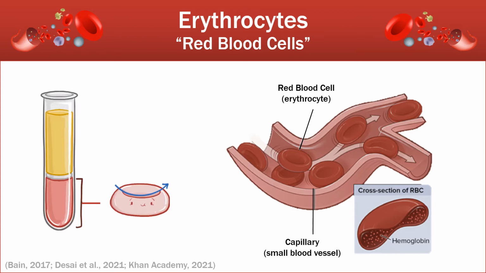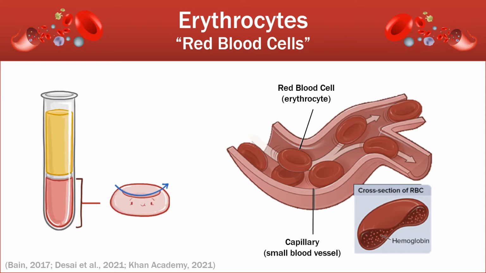As I said before, this layer is made up of erythrocytes or red blood cells and makes up 45% of the total blood volume. This value is called hematocrit. A decreased hematocrit level means that there are too few erythrocytes circulating, either because they're not being made fast enough or because they're being destroyed at a very high rate.